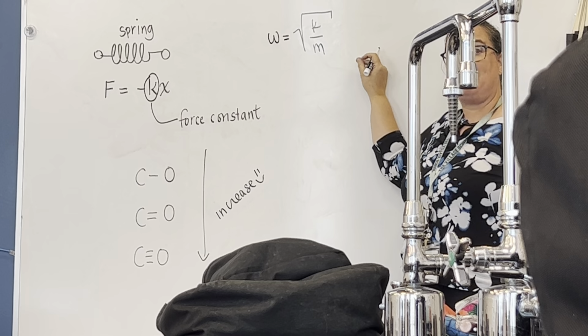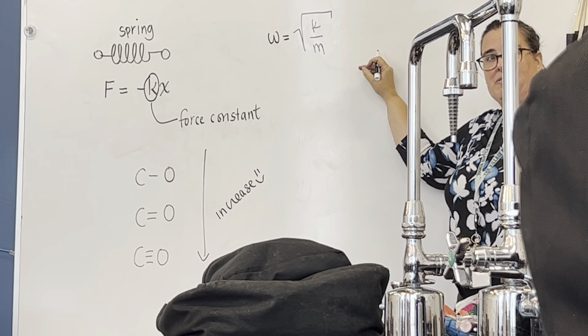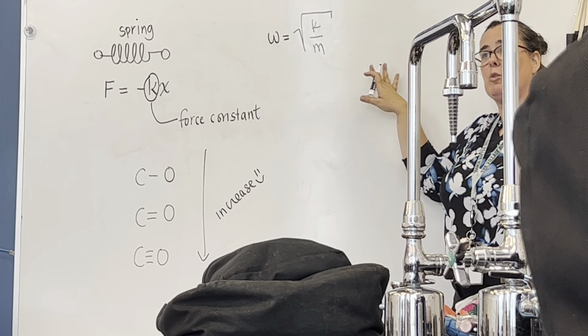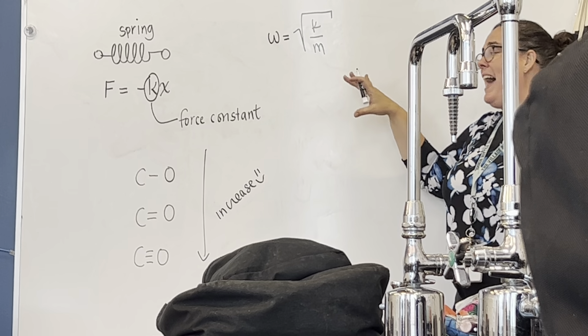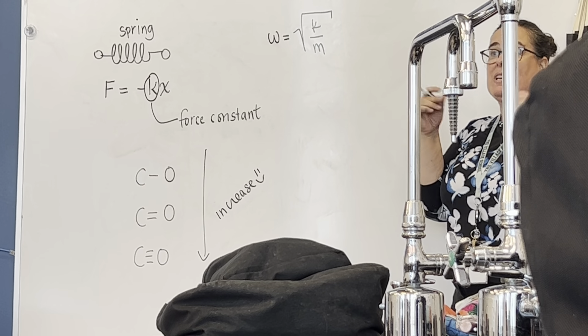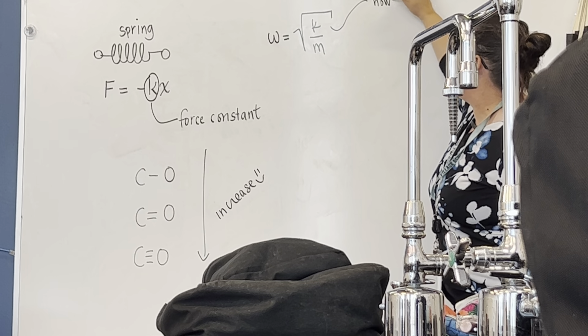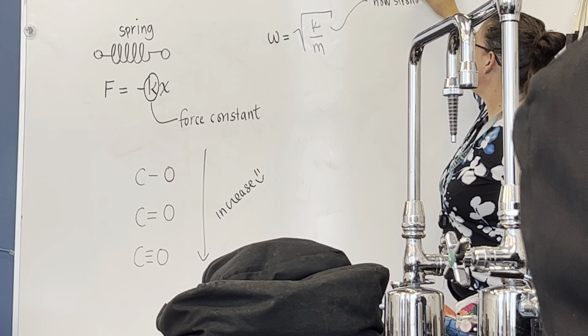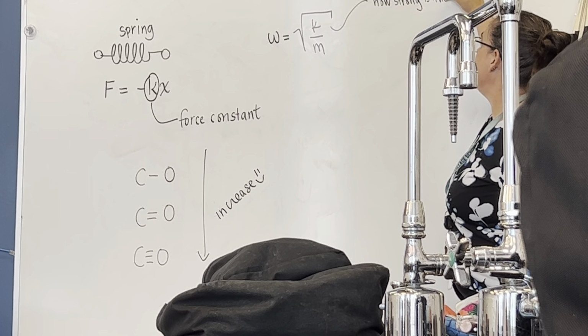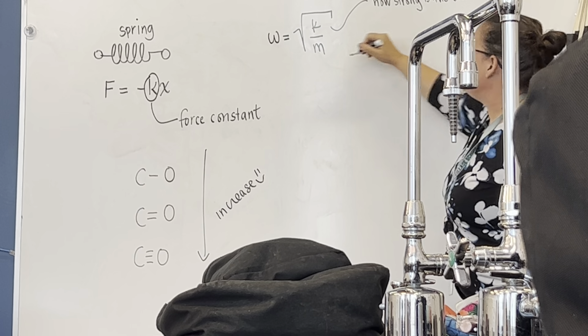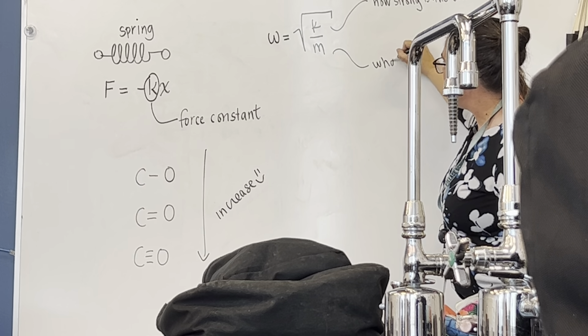It's actually the reduced mass, I think, but Quinn can tell us if I'm lying. This is just like the resonance frequency, how that spring wants to be going. So at the top, we have how strong is the bond. And on the bottom, we have what's attached.